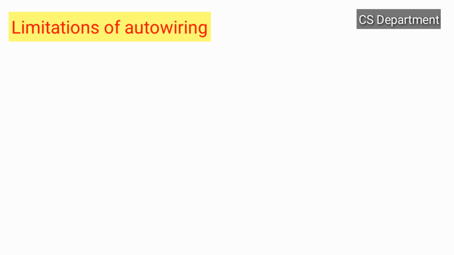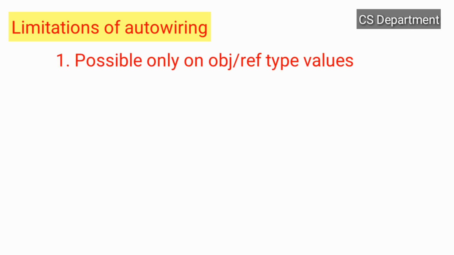So before going to auto wiring, we will discuss some limitations of auto wiring. There are some limitations, like auto wiring is possible only on reference or object type values. It is not possible on simple type values. Means if we use auto wiring on simple type values, we cannot predict what the values will be given by the user.